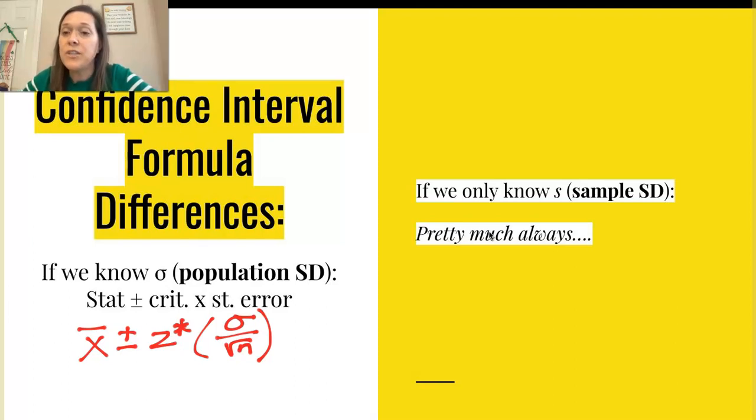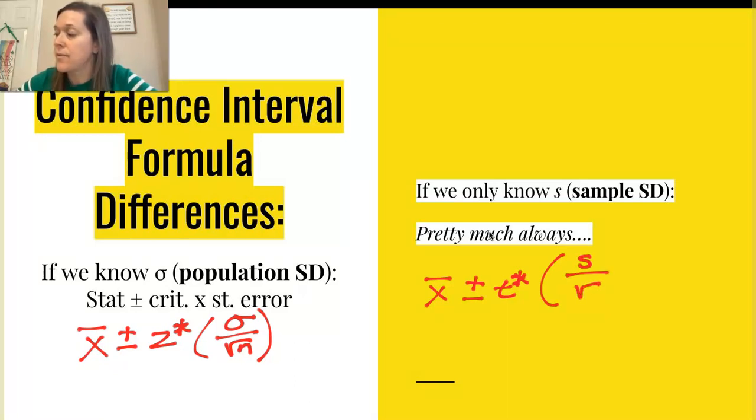If we only know S, our sample standard deviation, which is pretty much always, then we are going to do x bar plus or minus the t-crit, our t critical value, times our standard error of the sample, which would be S over the square root of n. So what's changing? We're changing the model from the z distribution to the t distribution.